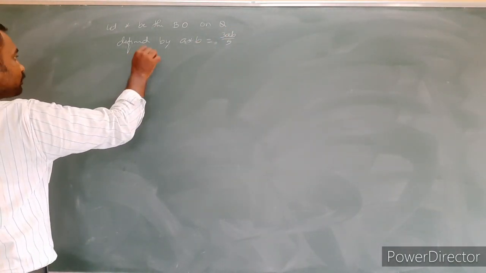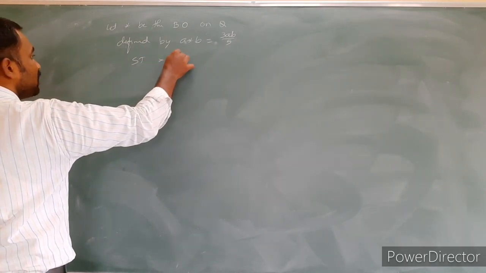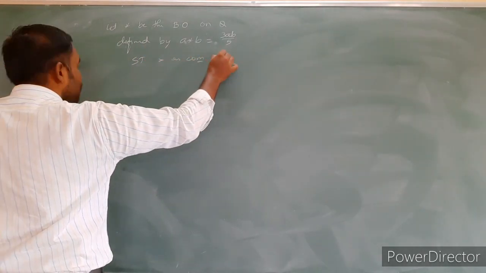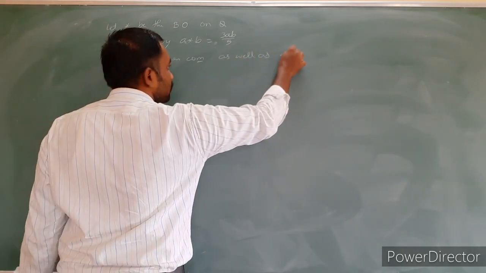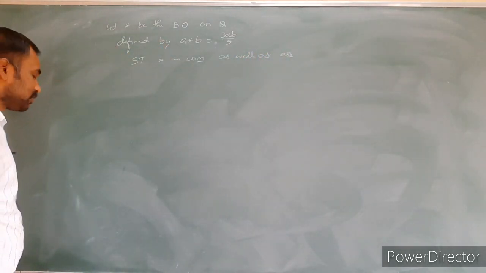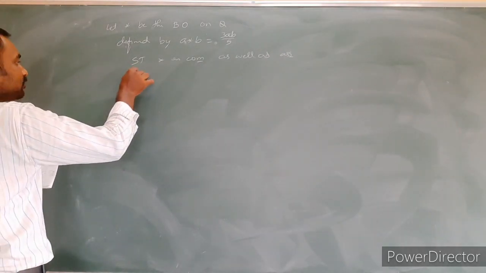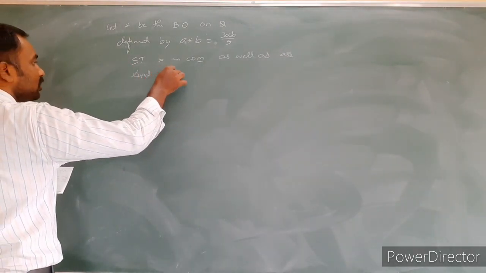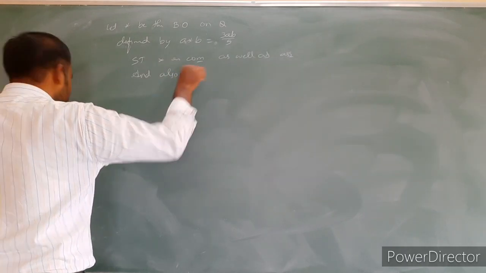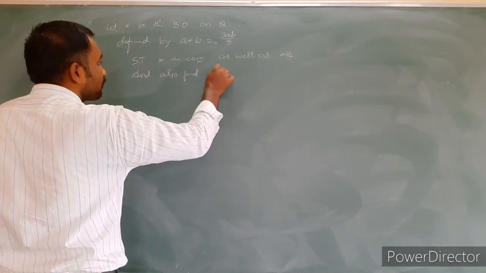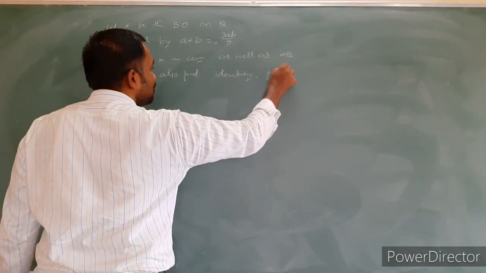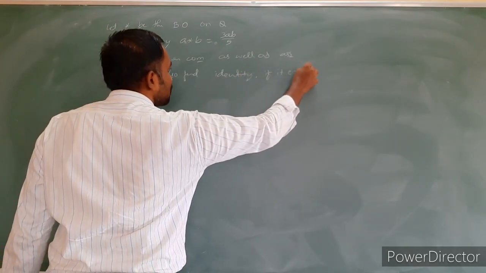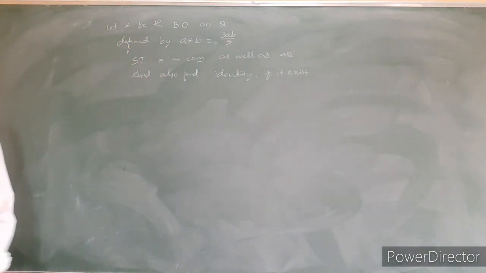Show that star is commutative as well as associative, and also find its identity element if it exists.